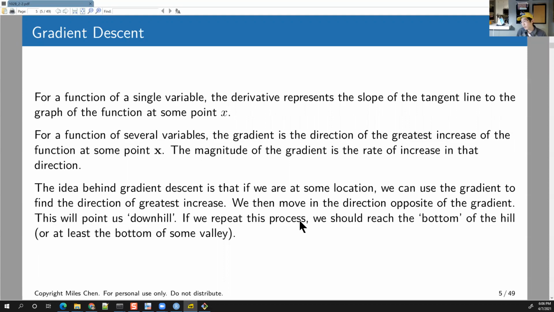And we saw this on, I believe, last Friday, where we said the gradient is the direction of greatest increase for some function at x, right? So if x is some vector in 2 dimensions, the gradient is going to be another vector in 2 dimensions that will say, this is the direction that you need to go for the amount of greatest increase, okay?